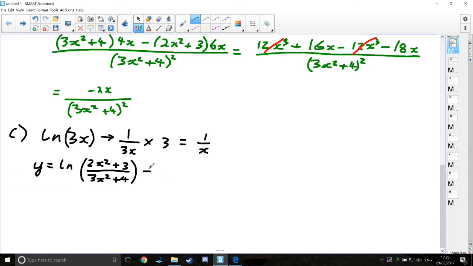Right, so the derivative of this is going to be 1 over whatever's in this, so bear with, because this is going to look absolutely horrid. 1 over (2x squared plus 3) over (3x squared plus 4). And if you've got to this point, you're probably thinking that's not a disaster so far. I've got a fraction within a fraction. How do I get out of it? To be honest, it's not too hard.